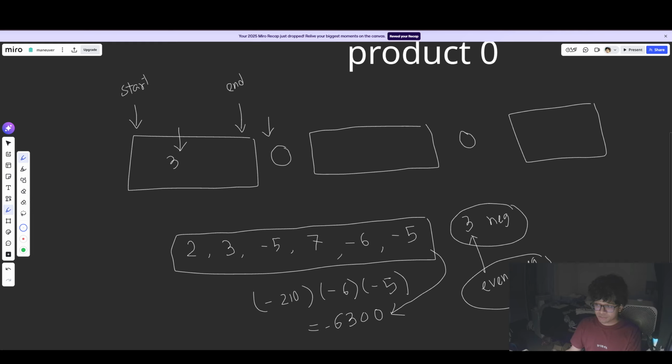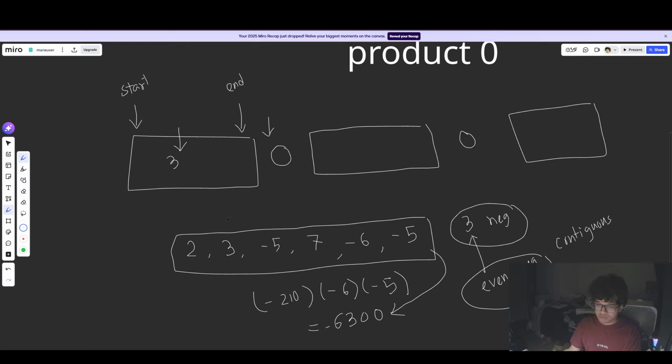But our array has to be contiguous, since it is a subarray. In order to form a contiguous even number of negatives, how many options do we actually have? It has to be contiguous, and we want to maximize the product, so the more the better.